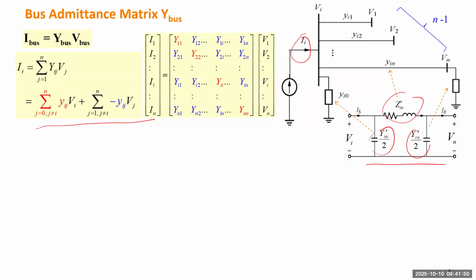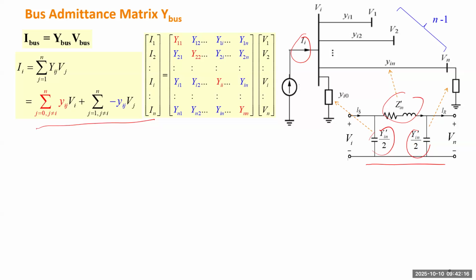So we split the total capacitance C in half, and each half multiplied by j omega becomes the admittance to the ground. We put one on each end. If it's a long transmission line, we need to utilize the hyperbolic functions to convert the actual z and y to z prime and y prime. So anyway, we will have a pi model for each line.